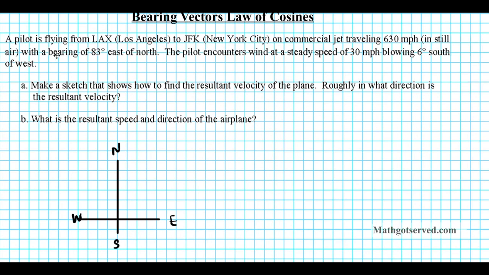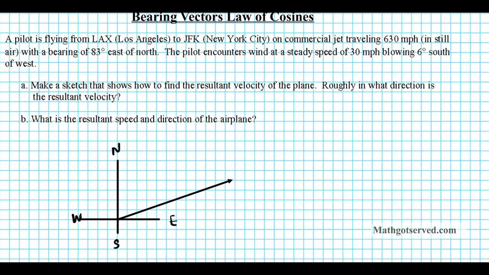The bearing of the aircraft was 83 degrees east of north. So if you're starting from north, you rotate 83 degrees from north towards the east. It's going to look something like this, 630 miles per hour.